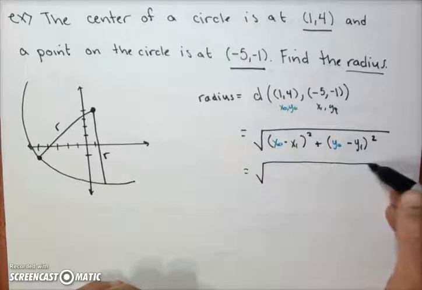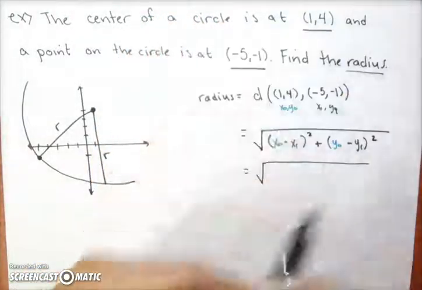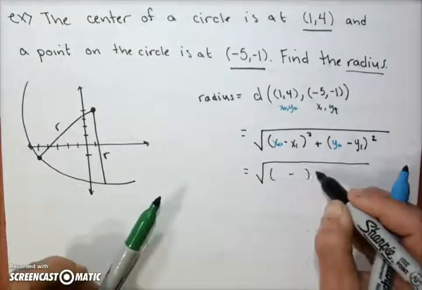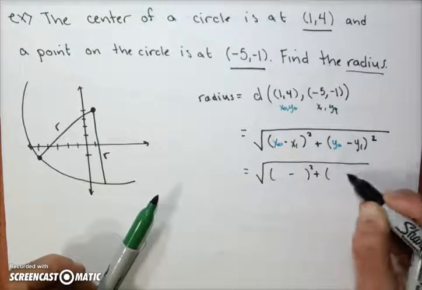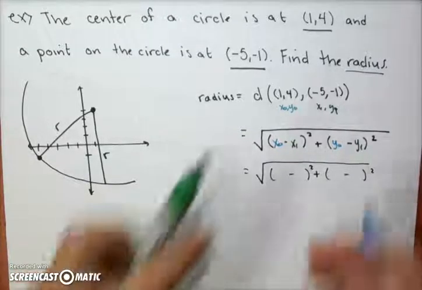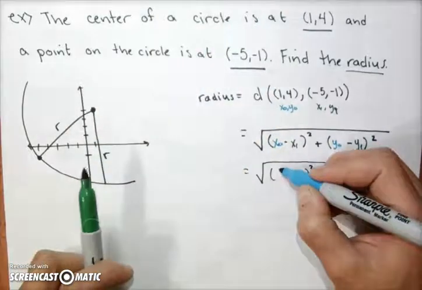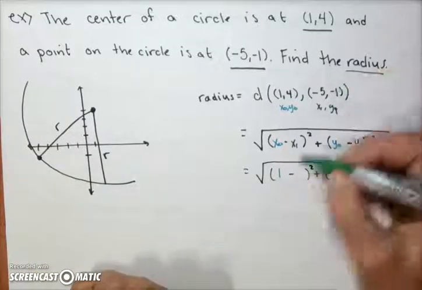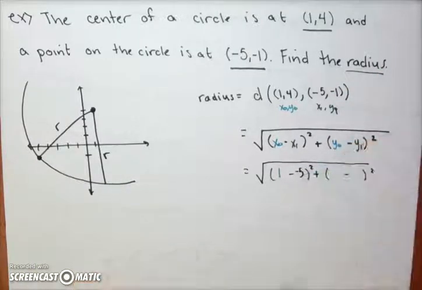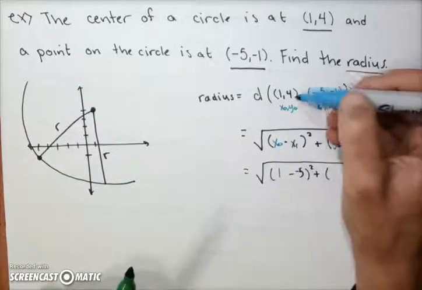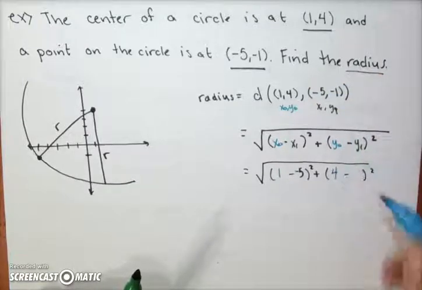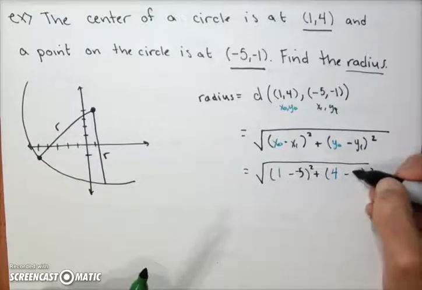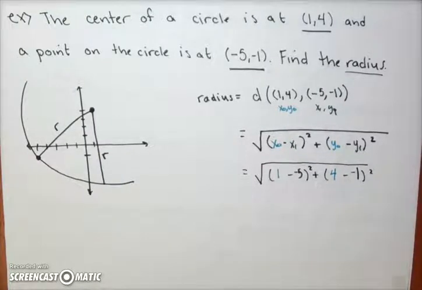And given the way that I assigned these coordinates, let's write in our outside stuff first. So x0 is 1, x1 is -5, y0 is 4, and y1 is -1.